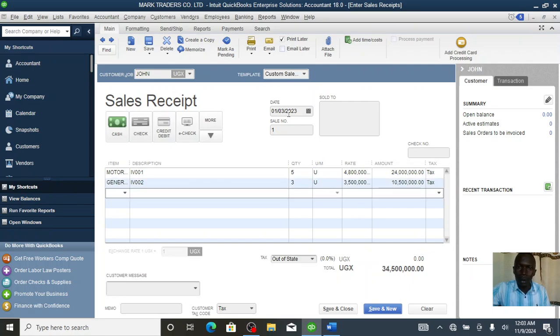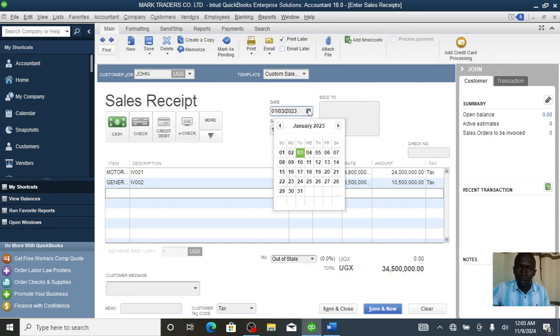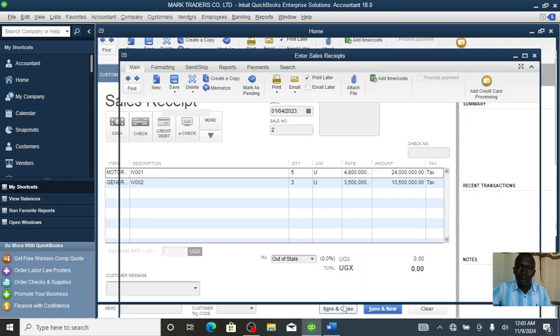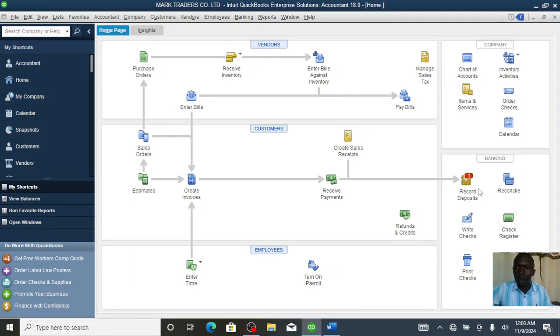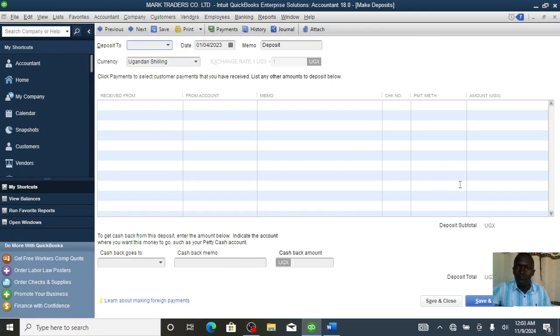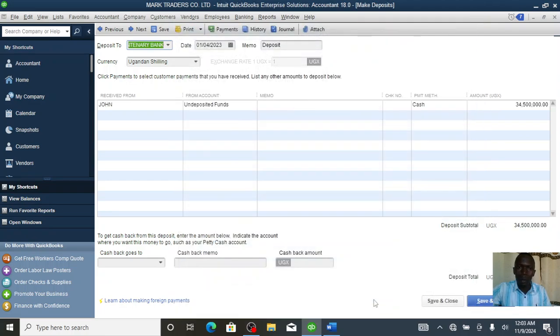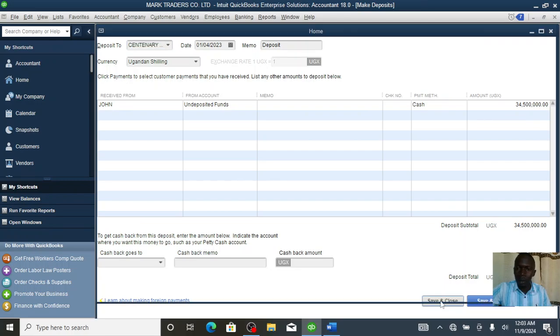Then the date was on 4th. Then we save and close. Then we record our transaction. We bank. Then here we shall check this and say okay. Then we save and close.